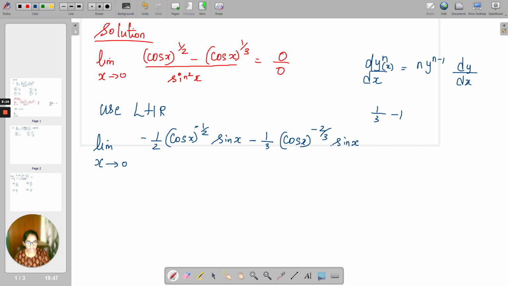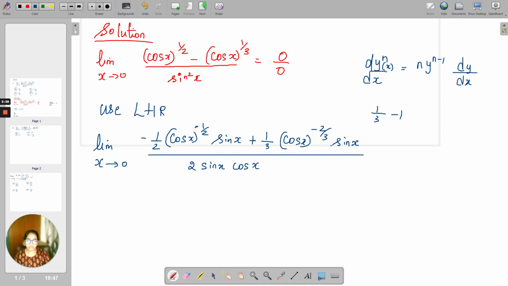Is it just sin x? I would have to change the sign over here, right? This divided by, let me take the line, this thing divided by, let me differentiate sin square x. What would I get? I would get 2 sin x cos x.